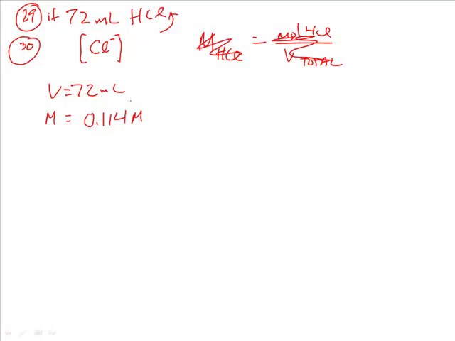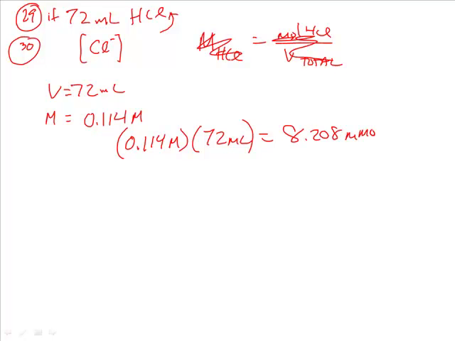If you multiply those two together, you will get the amount of moles. So 0.114 molarity times 72 milliliters. This will give us millimoles, so 0.114 times 72 gives us 8.208 millimoles.